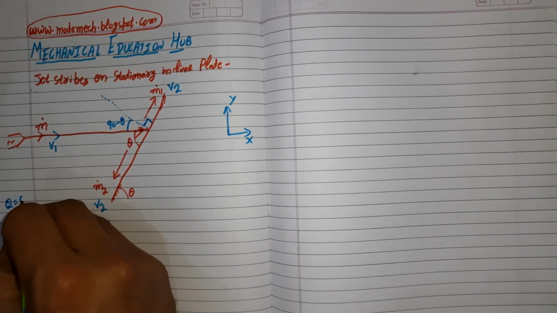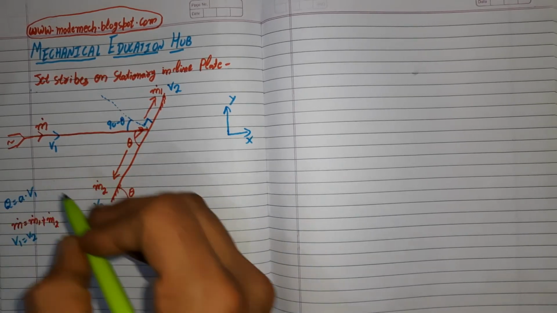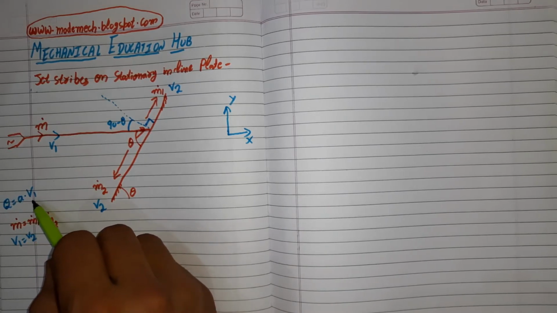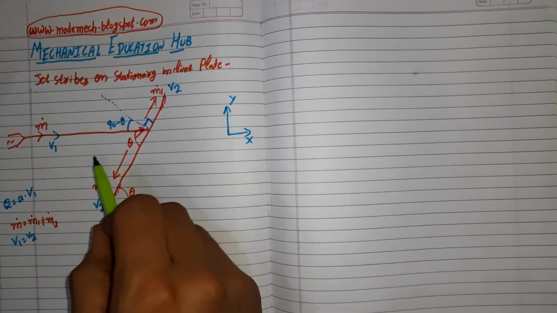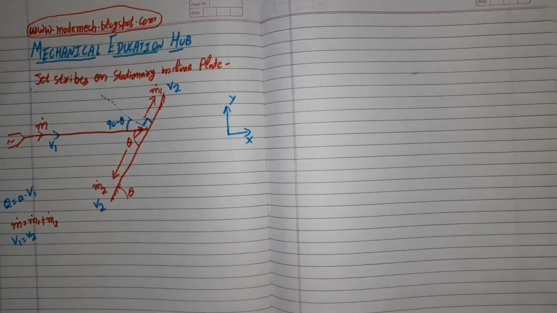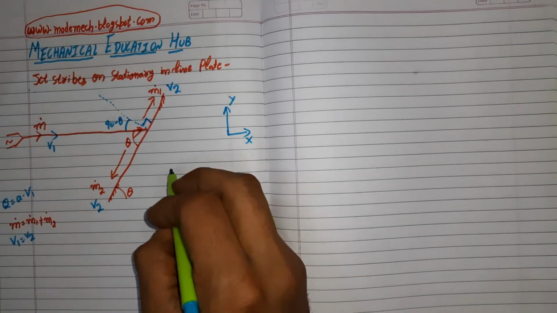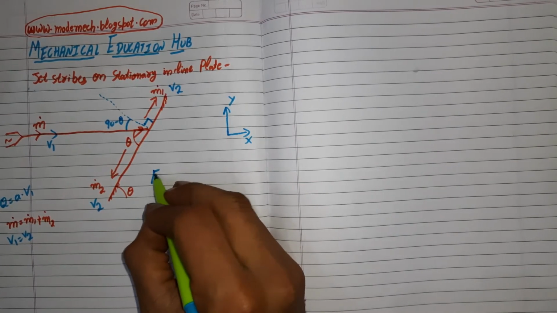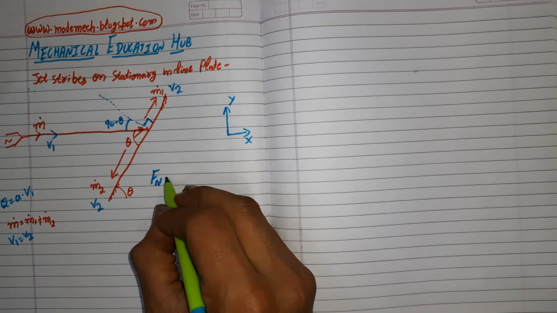Discharge here we have, and this discharge will be equal to area into entering velocity of the water jet. Now let us calculate force in normal direction.